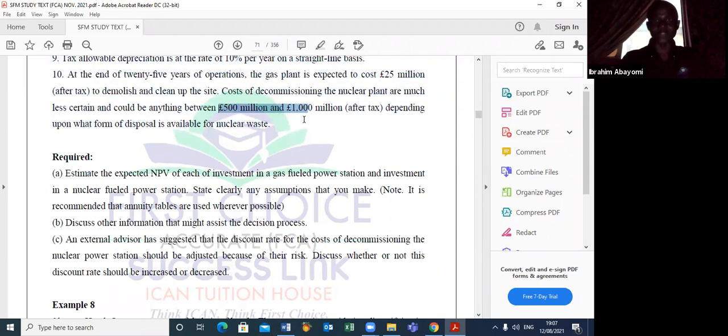You just apply your conservatism concept. Don't underestimate cost and don't overestimate revenue. So if I'm not going to underestimate my cost, I should choose 1,000 instead of 500, because we are dealing with cost.